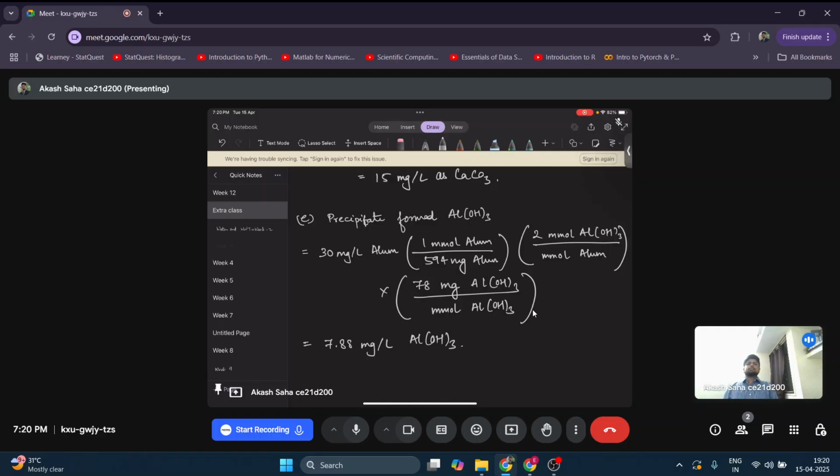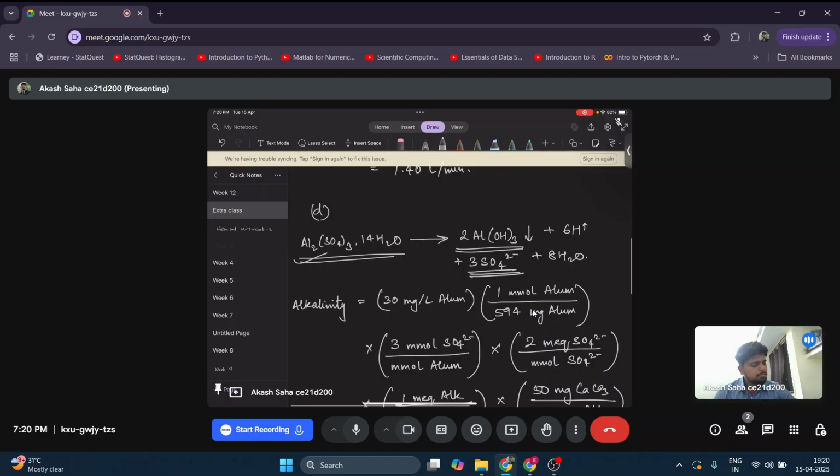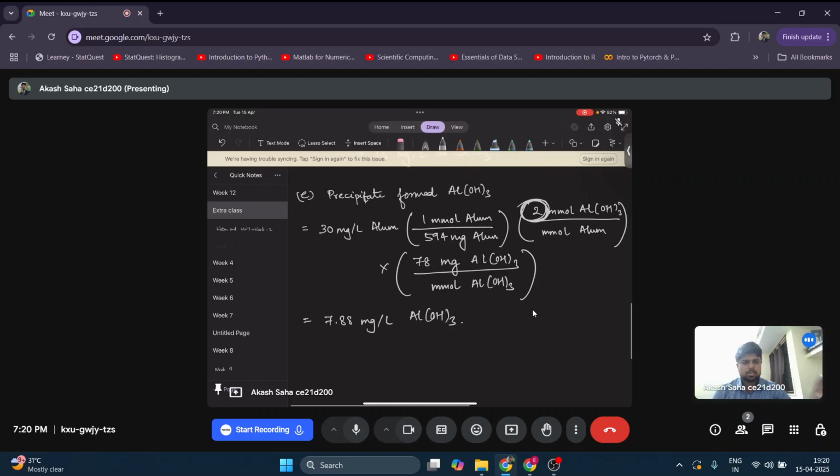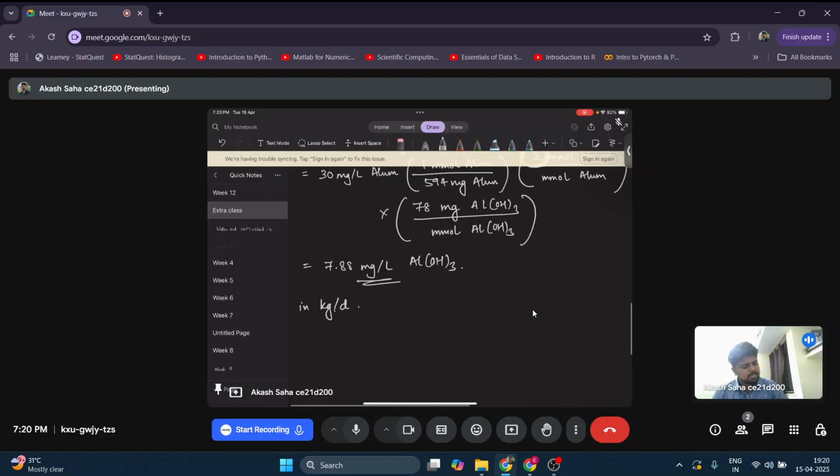Okay, so here this 2 is the coefficient that we want to focus on, because per mole of alum we are getting 2 moles of precipitate. Okay, so that's why that 2 is coming. Rest are just molecular weights and all. So this was in milligram per liter. If I want to find it in kg per day, it will be 7.88 milligram per liter into 43,200, that is the discharge meter cube per day.